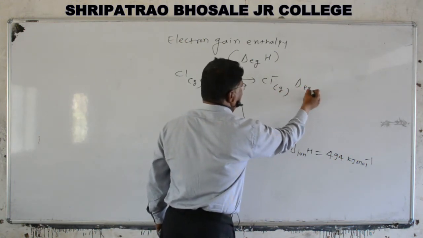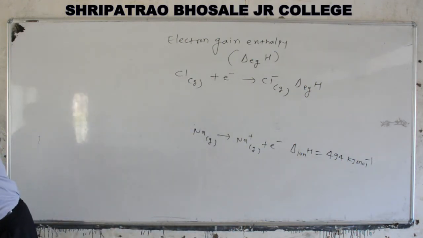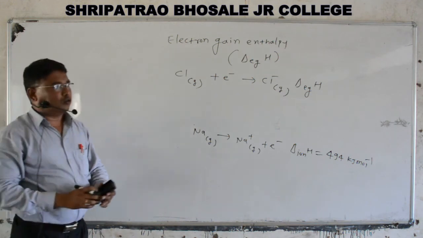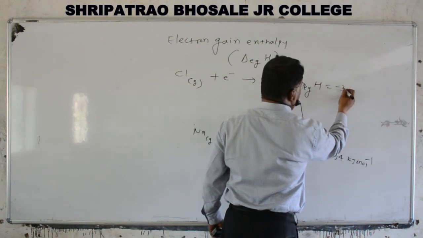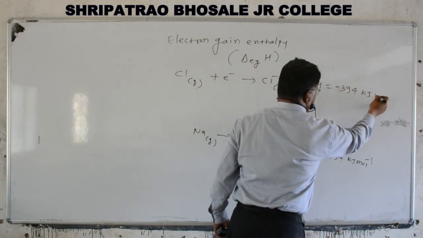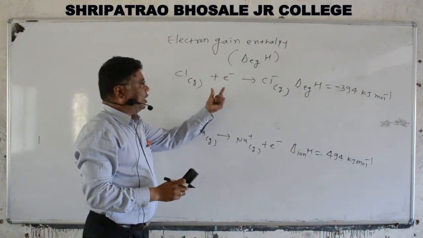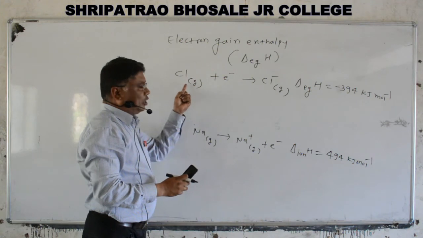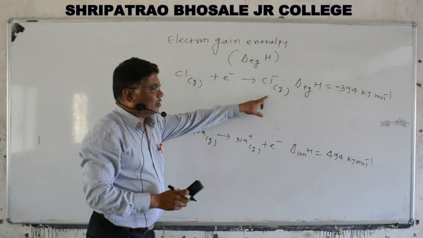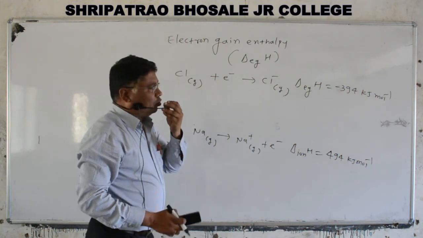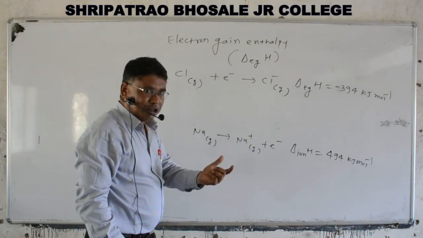The electron gain enthalpy for this reaction is minus 394 kilojoule per mole. What does this value indicate? This value indicates that when one electron is added to a gaseous atom of chlorine to form Cl minus ion, 394 kilojoule of heat is released.